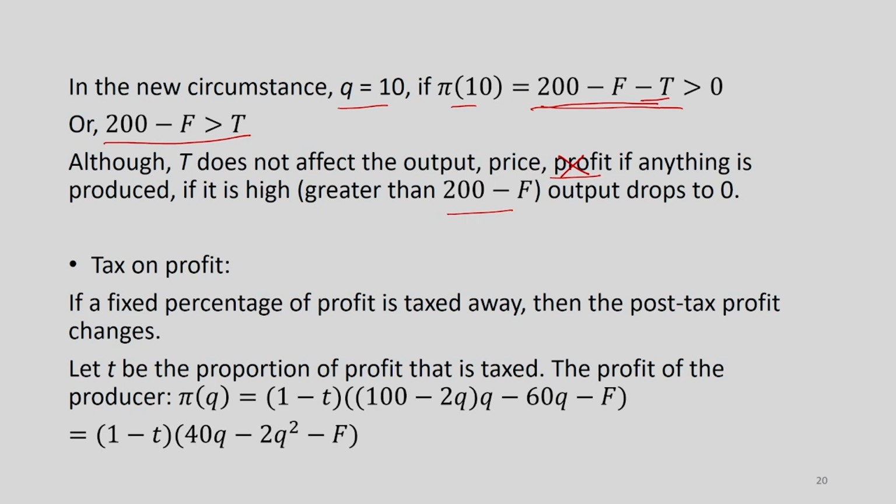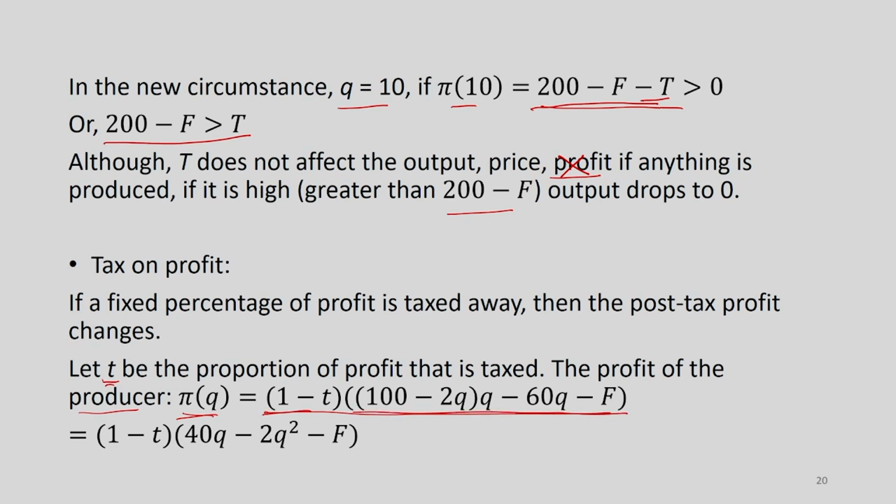If a fixed percentage of profit is taxed away, then the post tax profit changes. So, suppose small t be the proportion of profit that is taxed. The profit of the producer therefore is equal to, let us suppose it is pi q, this 1 minus t multiplied by the profit expression that we had before, right.